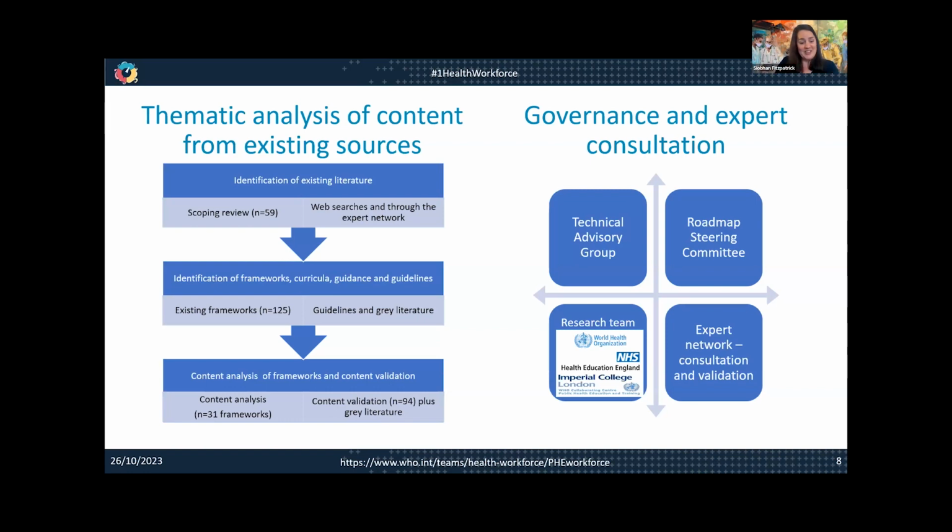We recognize that, in line with good practice, even with that breadth of global expert advisory group, we still needed to bring in perspectives from people in different countries, in different occupational groups and areas of work. And so we very much sought to involve a wide expert network in the consultation and validation.